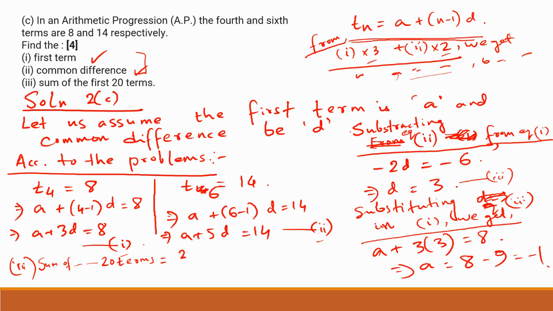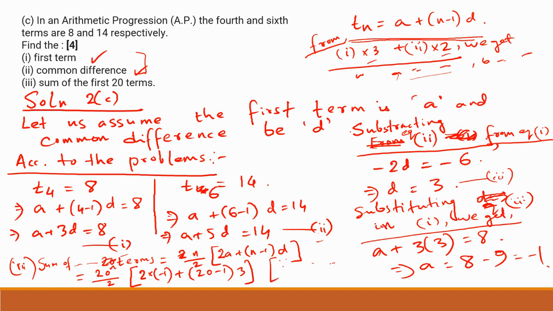You can write the sum of first n terms is n by 2 times 2a plus n minus 1 times d. Or you can directly write the sum of the first 20 terms equals 20 by 2 times 2 times a, which is minus 1, plus 20 minus 1 times d, d is 3. And then in brackets you write, since we know the sum of n terms equals n by 2, this.